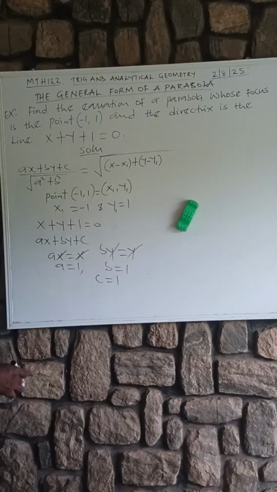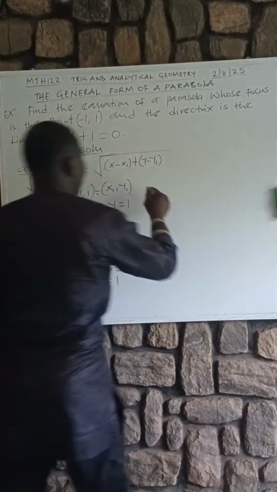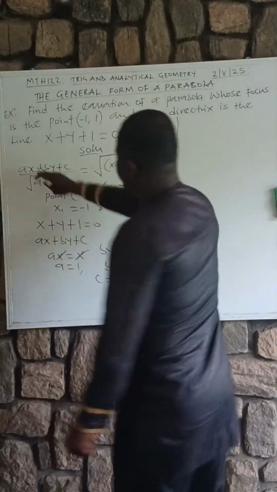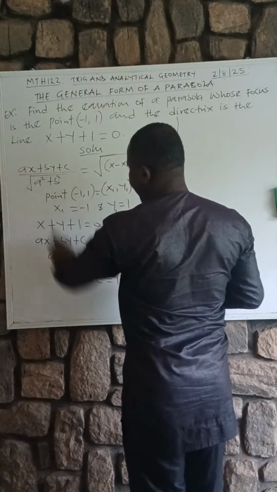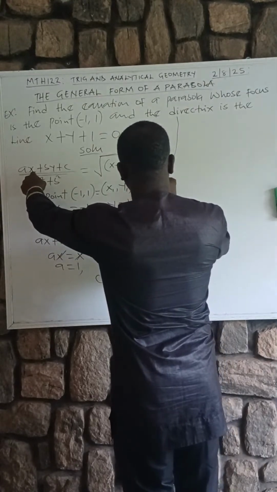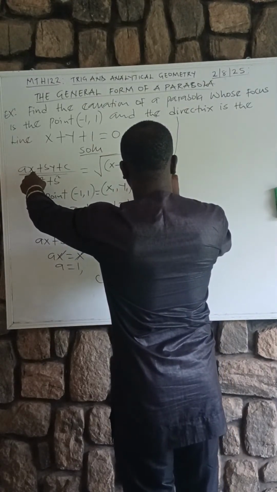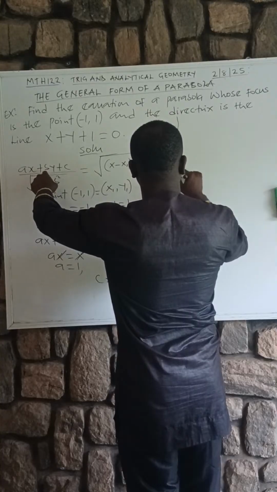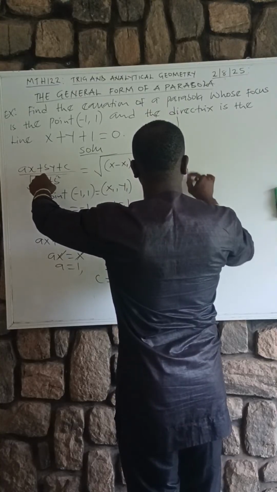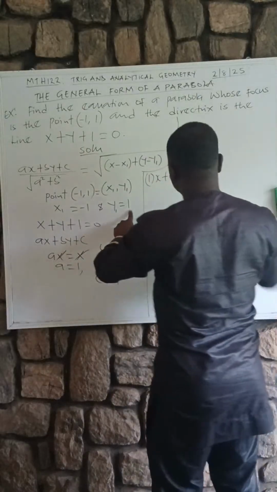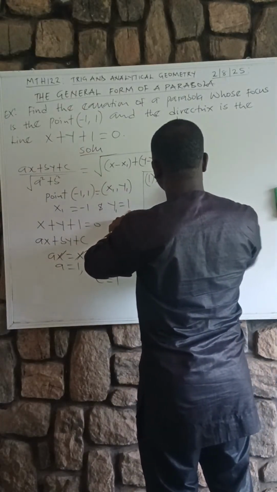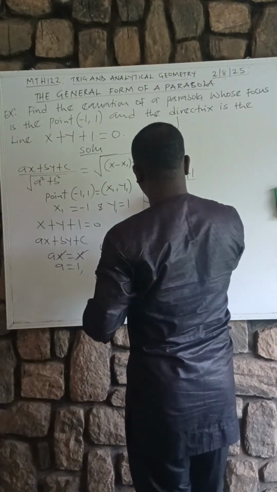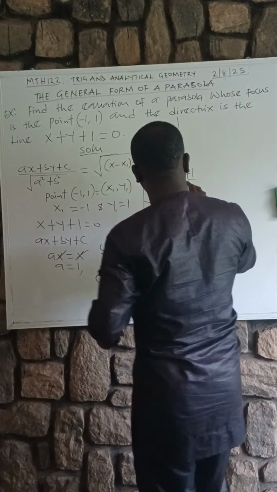So what we need to do here is substitute into this formula. a is 1, then we have x here, so (1)x plus b is 1, (1)y plus c is 1, all over a squared, 1 squared, b squared, 1 squared, true or false?